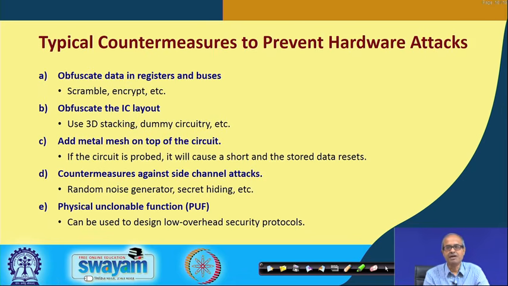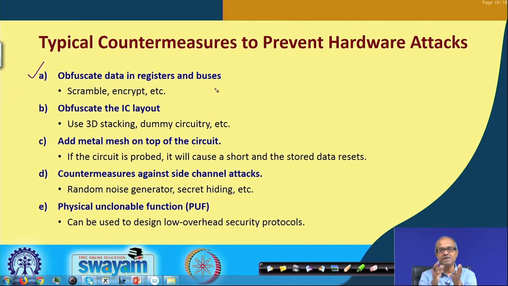Some of the typical countermeasures that people have talked about or have come up with to prevent this kind of hardware based attacks, some of which I have just listed here. The first one says obfuscate data in registers and buses. Obfuscate means to hide them, to crypt them in some way.